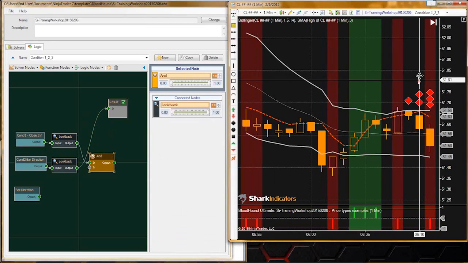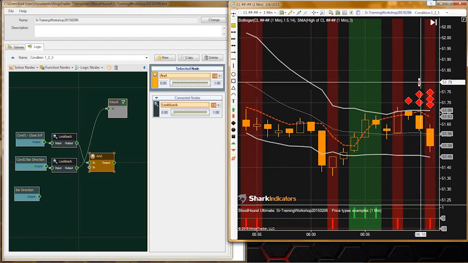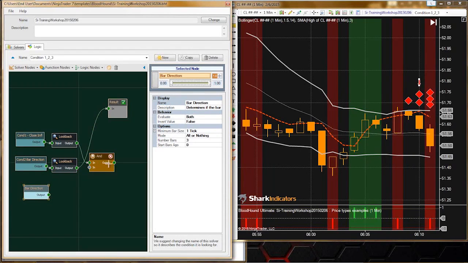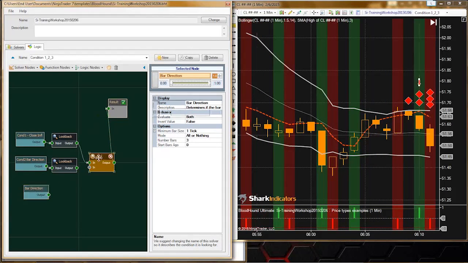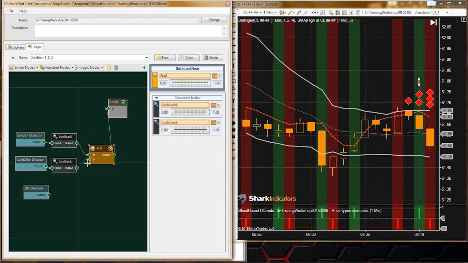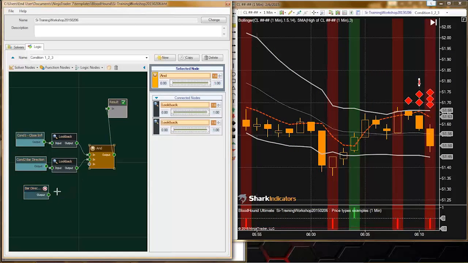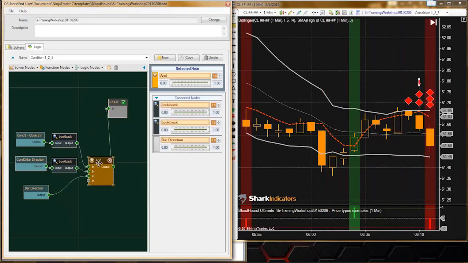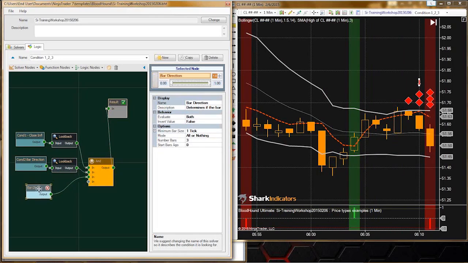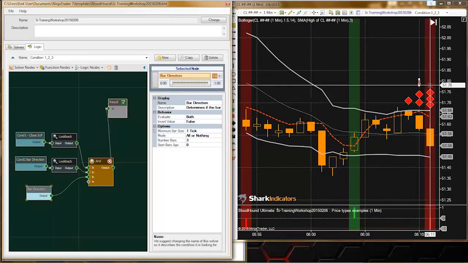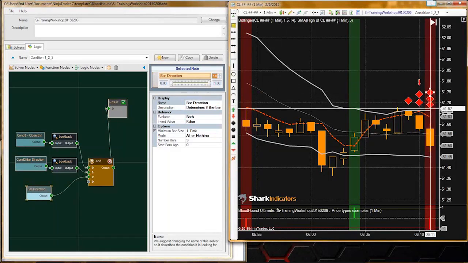Alright, so now we can see that there's no short signal on this bar anymore because it's been displaced forward to the next bar. So let's take a look at our AND node now. Connect that in, and connect that in. Now our third condition doesn't need a displacement because we actually want the signal on the bar of our third condition.